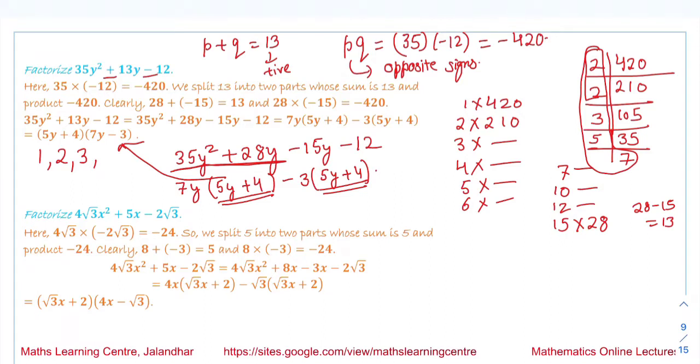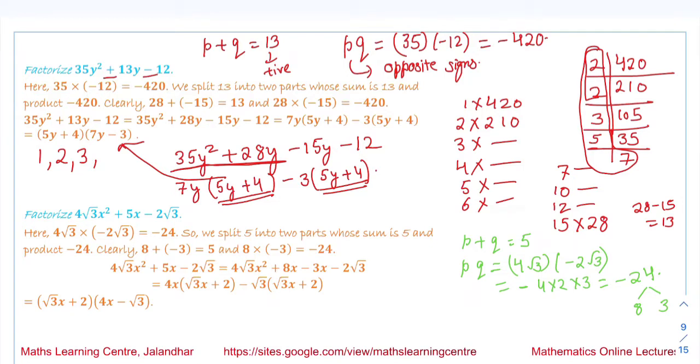So what we have here is that p plus q is 5 and p into q is 4 root 3 into minus 2 root 3. So we get minus of 4 into 2 into 3, that is equal to minus 24. So we want to find the numbers in this form, and the numbers will be 8 and 3.